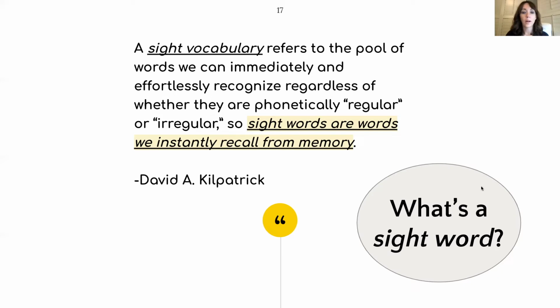So we want new readers to decode for automatic word recognition. We don't want them to rely on pictures to simply identify words. We have to have them do that hard work of decoding, because that's how they're going to store those words into their sight vocabulary.